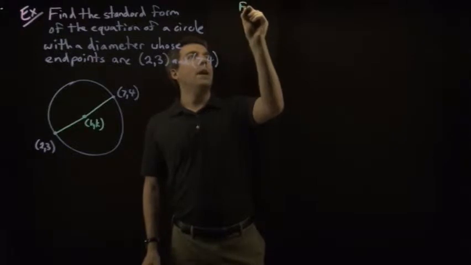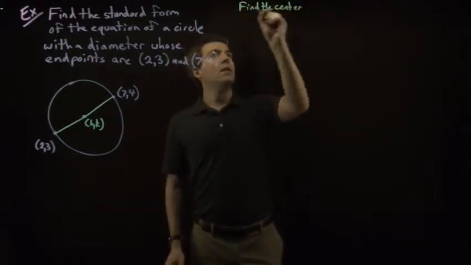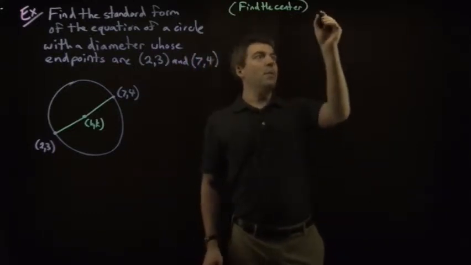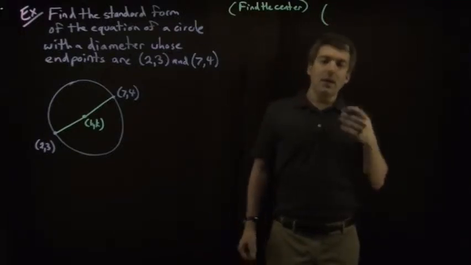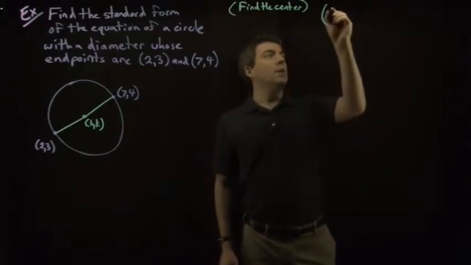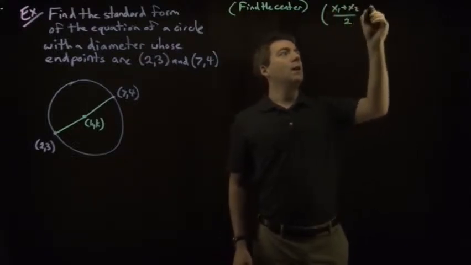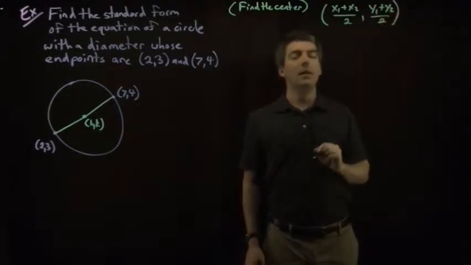That's the midpoint. Recall the midpoint formula is just the average of the x components and the average of the y components. So we have (x1 plus x2) divided by 2, (y1 plus y2) divided by 2.